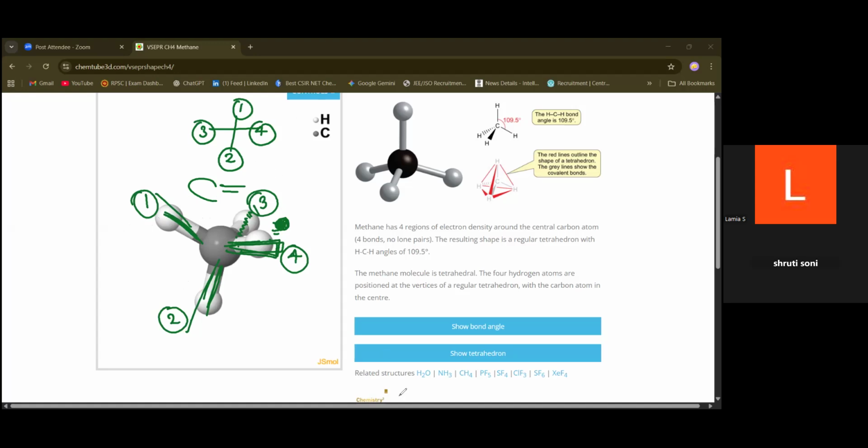Okay, let's suppose I'm having more molecules. Wait a second.